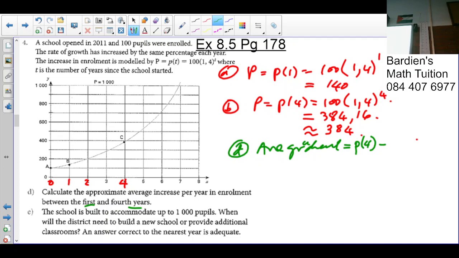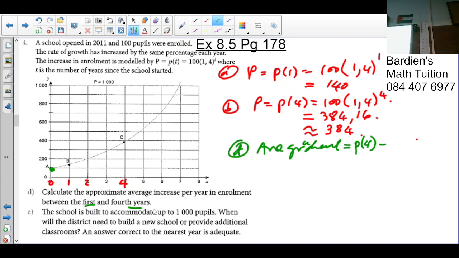Year 1, year 2, year 3, year 4. Now they're taking this to be the 1st. I think they would take it from there to here. I might be wrong. You can check the answer now.